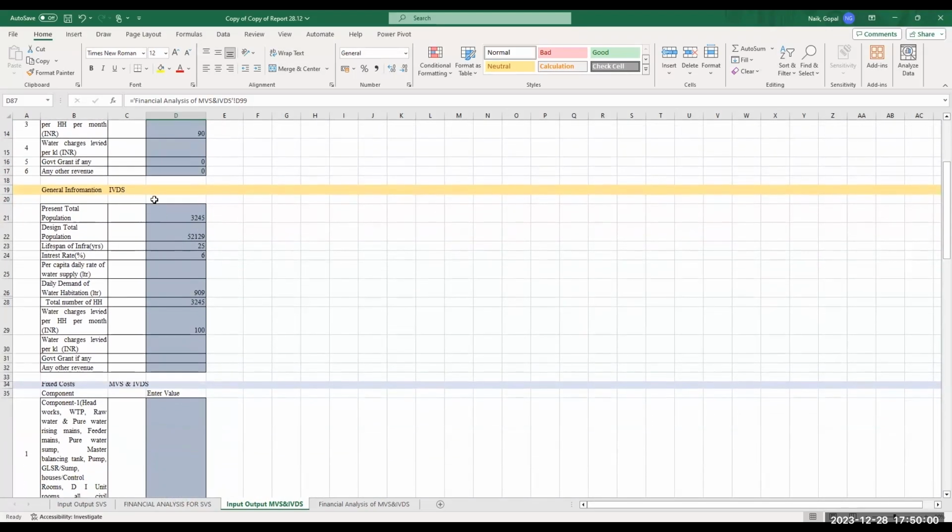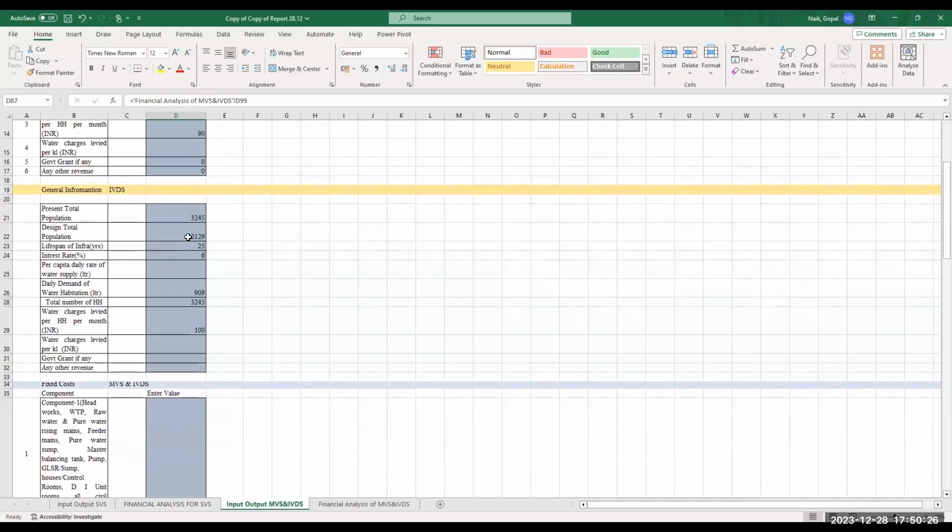IVDS, the individual IVDS. Let's say in our example, in Gokarna MVS, there were 3 Gram Panchayats we had considered. There are a total of 6, and each one of them is an IVDS. So let's say if you take one of them, this is what the present population is, 3,245, a fairly large village.